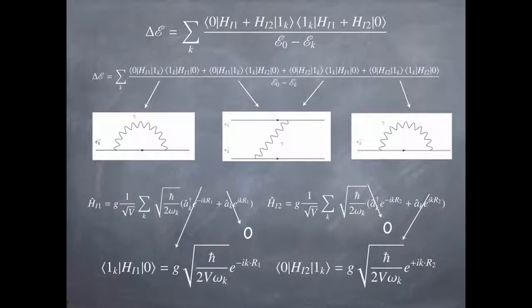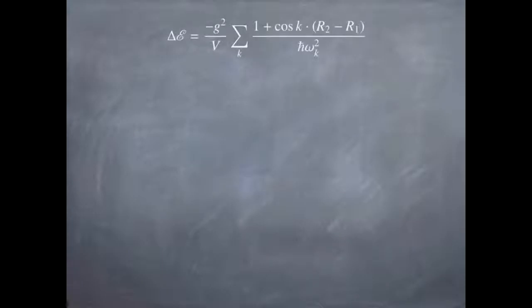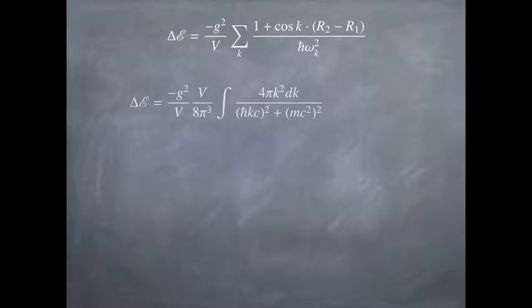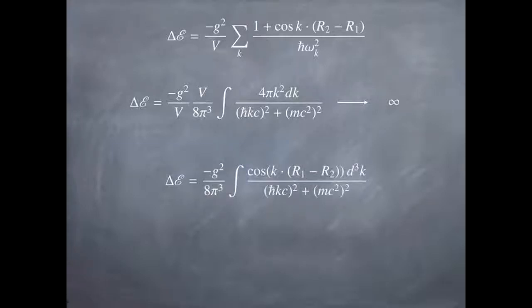That's, of course, nothing other than the cosine of k(r2 minus r1). And as you know, the first part is from the two outer terms, which were the charges interacting with themselves, and that part still gives us infinity, twice as much infinity, in fact. But the second part is interesting. Let's go ahead and work that out.